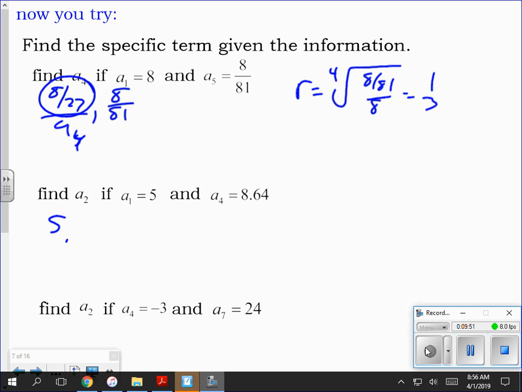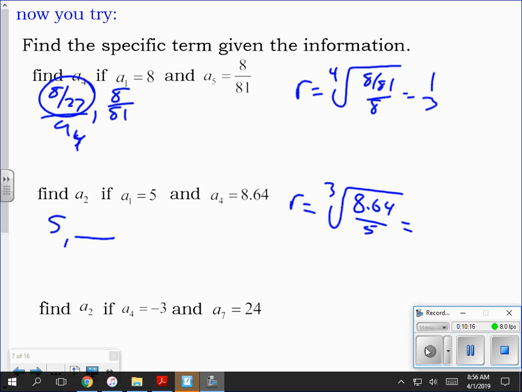This one you're given the first term and you're looking for the second term. So that's easy. Whatever r is, I just multiply times 5. To find r, I'm going from 1 to 4, so that's the cube root of 8.64 divided by 5. And once again, that's decimals.